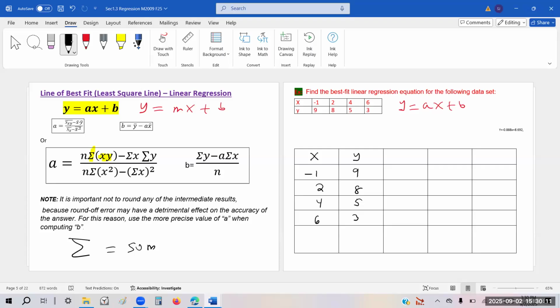So we have to have a column for X times Y. So we're going to multiply. -1 times 9, -9. And then what's the product for the next line? 2 times 8, 16. The third line, 20. The fourth line, 18.